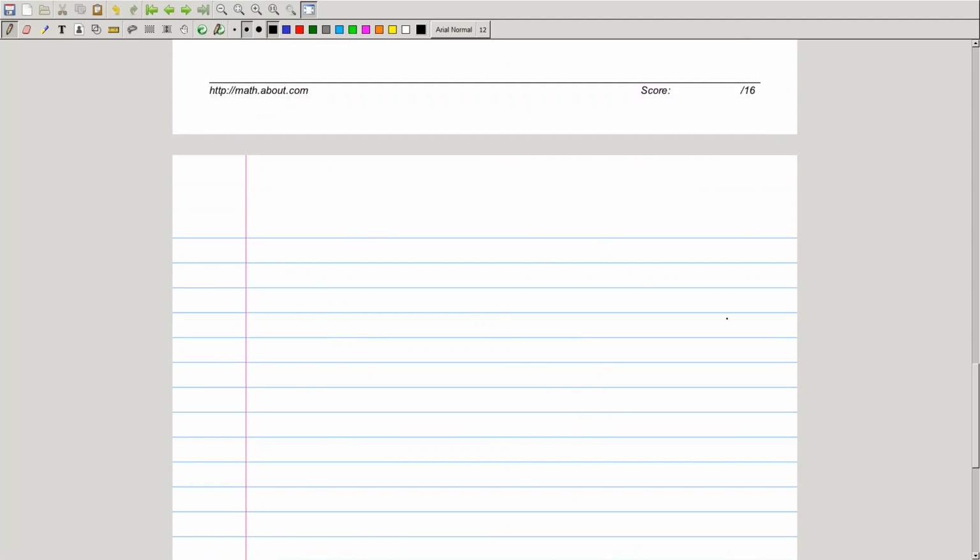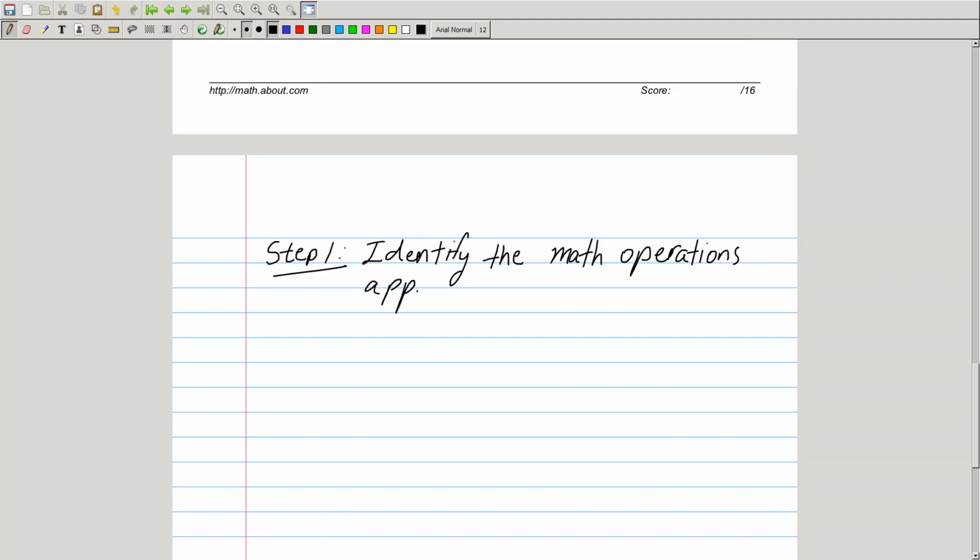So I'm going to write down the steps. Step one: you're going to identify the math operations applied to your variable.